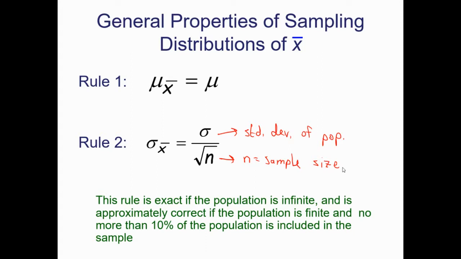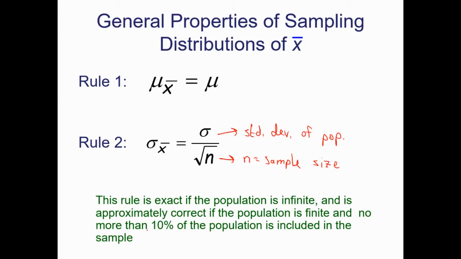So this rule will be exact if the population is infinite. And it's approximately correct if the population is finite and no more than 10% is included in the sample.